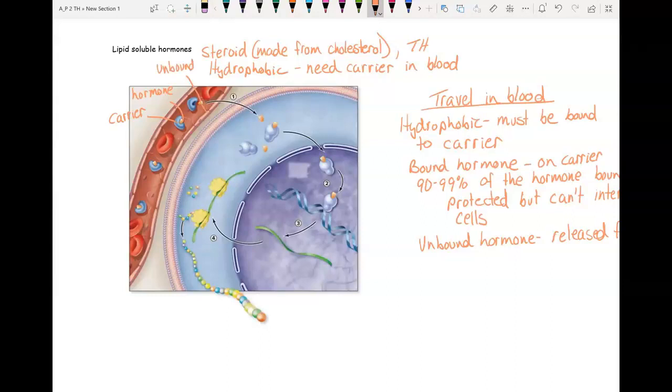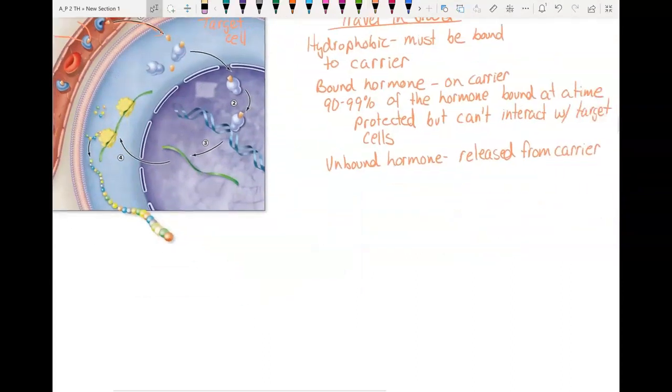This hormone has been released from its carrier, and now it goes to interact with the target cell. So this is our target cell. At any given time, this is going to be 1 to 10% of the hormone.